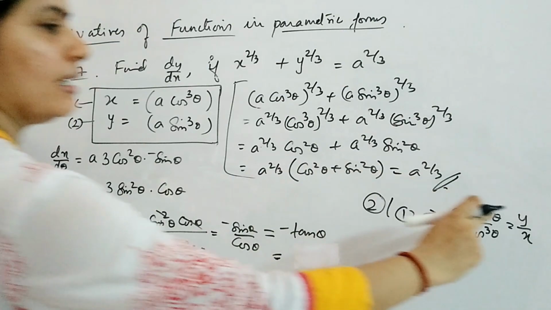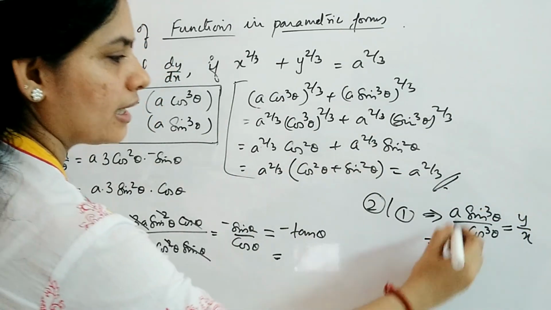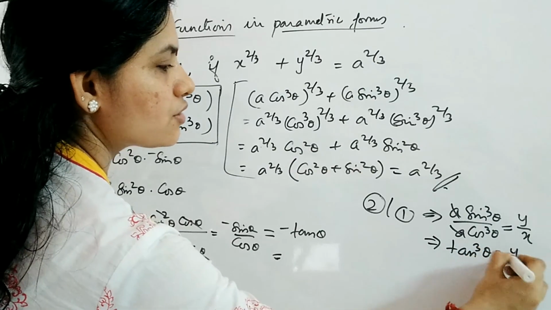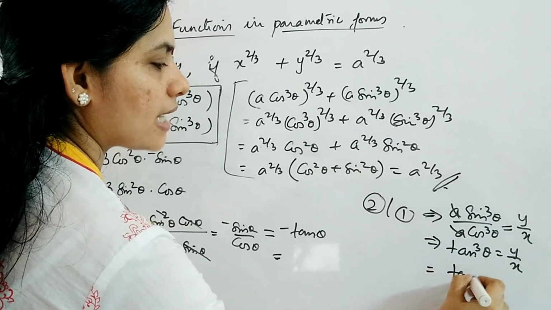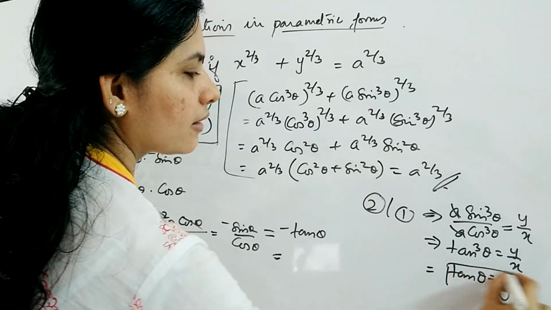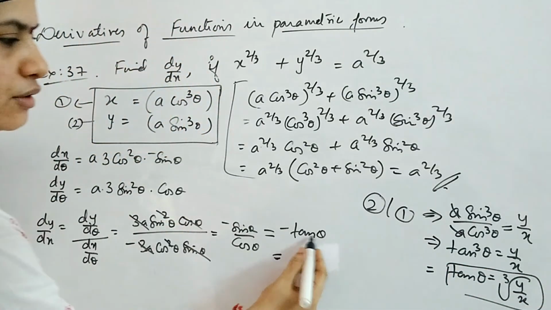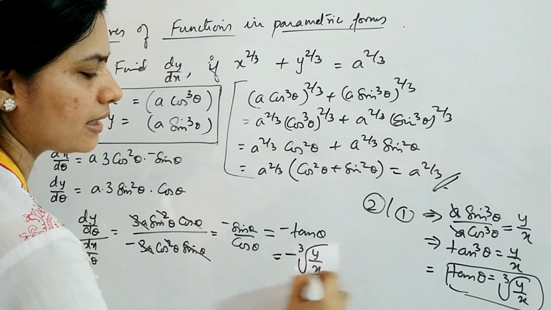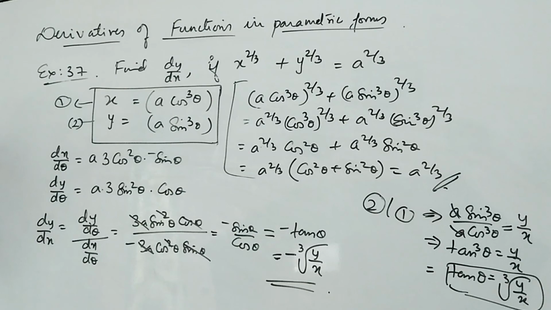So a is getting cancelled and you are getting tan cube theta equal to y by x. That means tan theta is the cube root of y by x. So we are just replacing the value of tan theta with minus the cube root of y by x. So this is your answer. Clear?